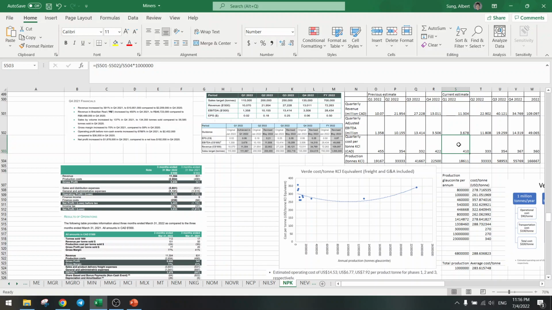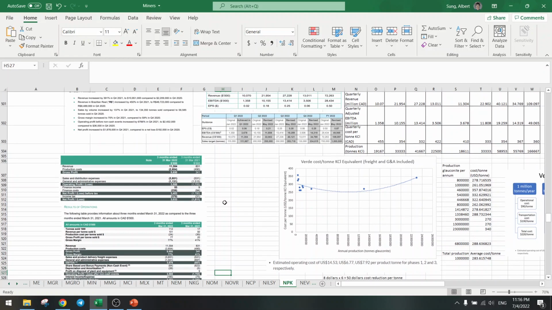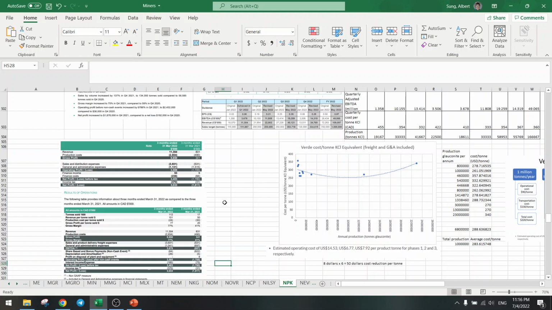Okay, so that's giving me this cost curve, and we are currently at almost 2 million tons, so it's around $300 per ton. That's the cost. And very important to know, these costs are including freight and G&A.